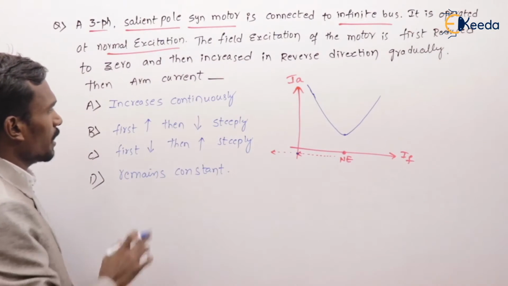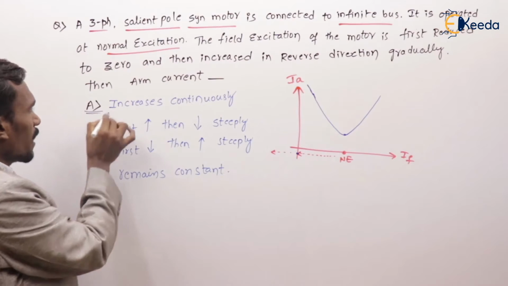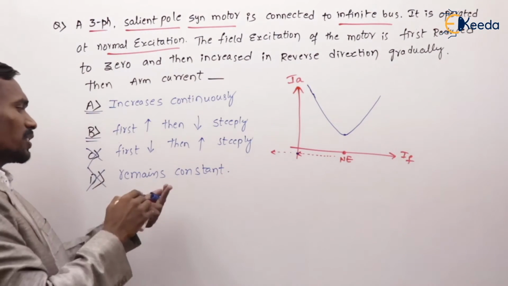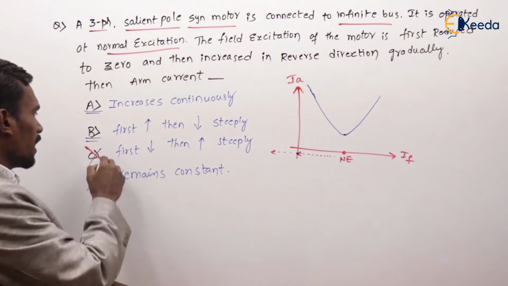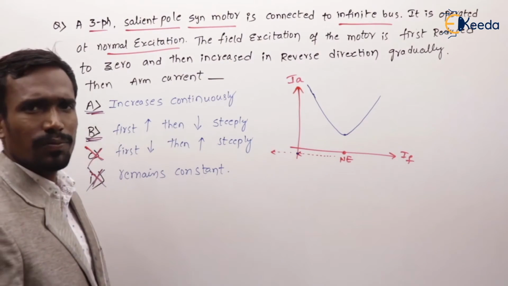Maybe these two are the correct answers. These two are wrong answers, because first decreases is wrong, remains constant is wrong. In between the other two, one is the correct answer.